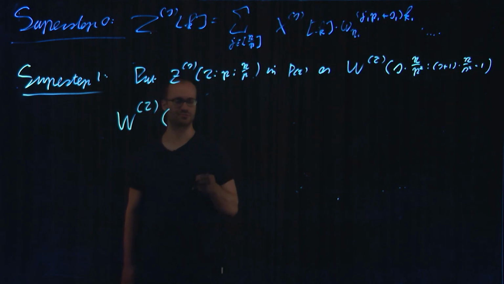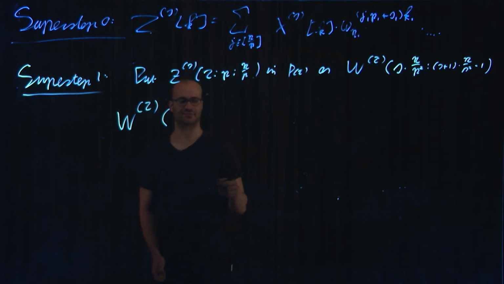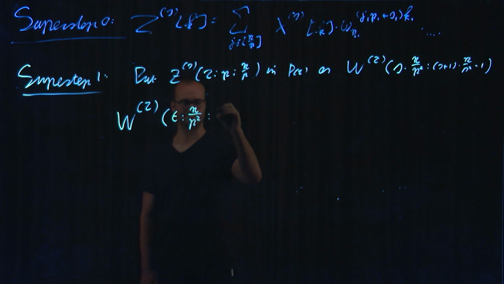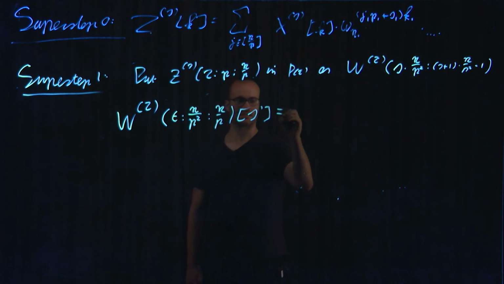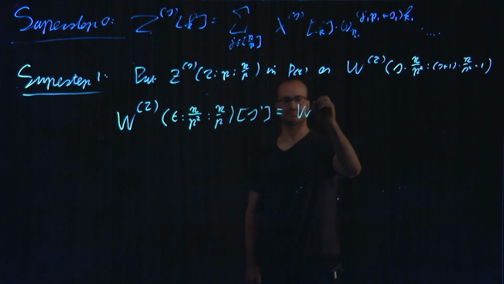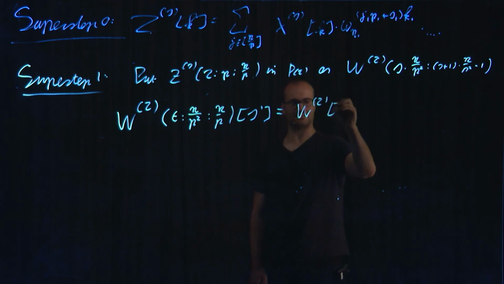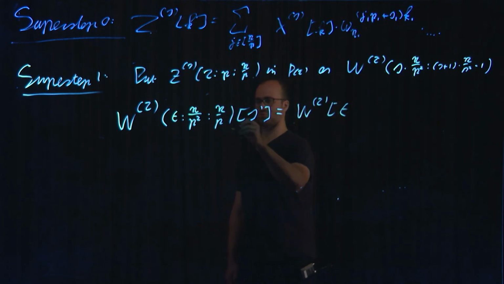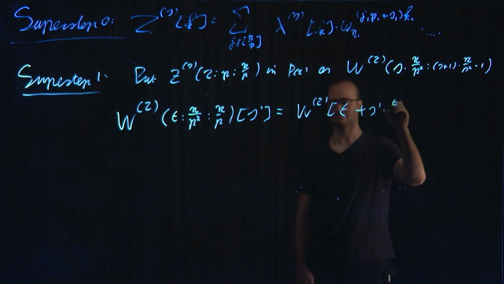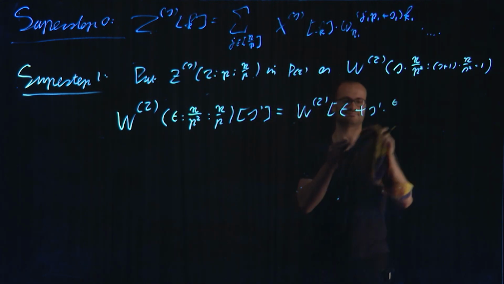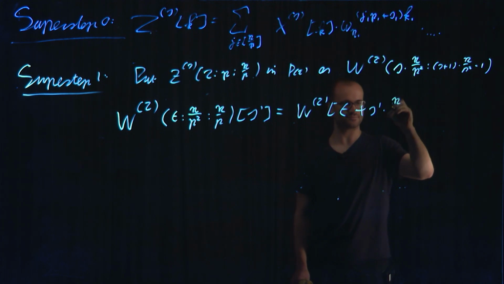And we are going to do FFTs on subarrays with stride n over p squared. So let's look at one of these arrays and take component s prime. Now this is equal to just w_R of t plus s prime times this stride times n over p squared, of course.